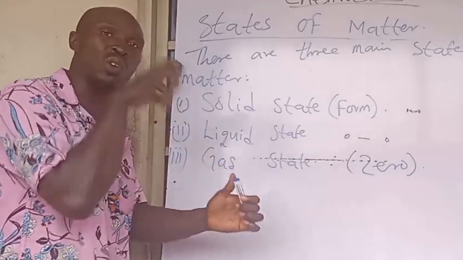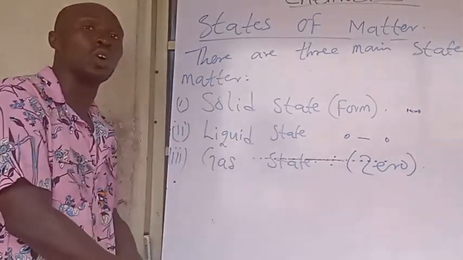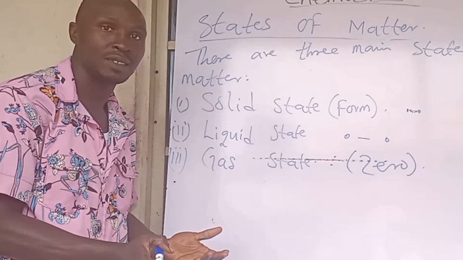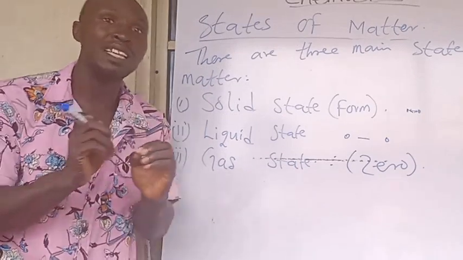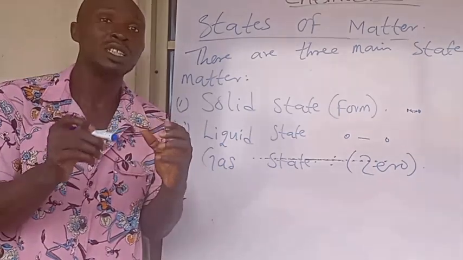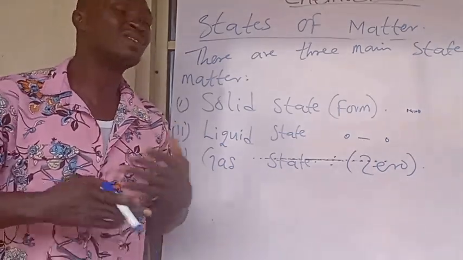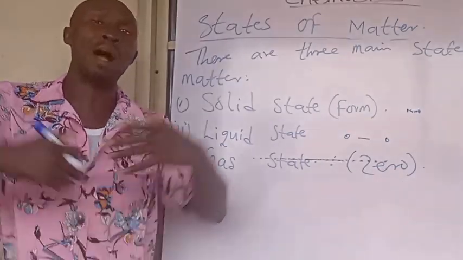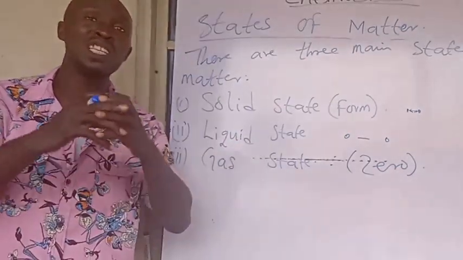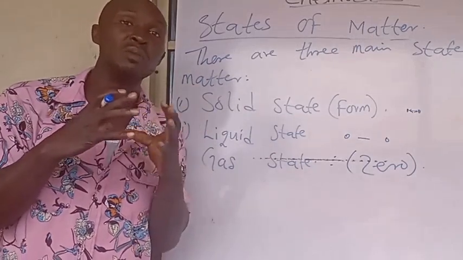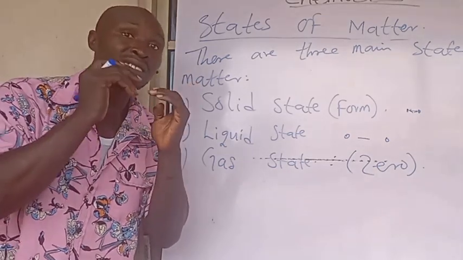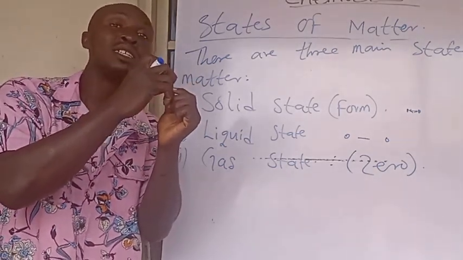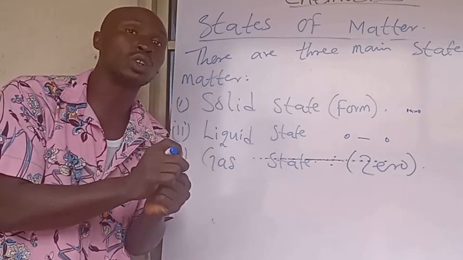But as soon as a gas enters a particular container, what it does is occupy the whole space. That's why when you spray a perfume in a particular place, you get to see that the whole place is surrounded by the aroma of this perfume. Because they always want to occupy whatever environment or whatever space or whatever container they find themselves in. Why? The atoms have free space and enough energy to move about.